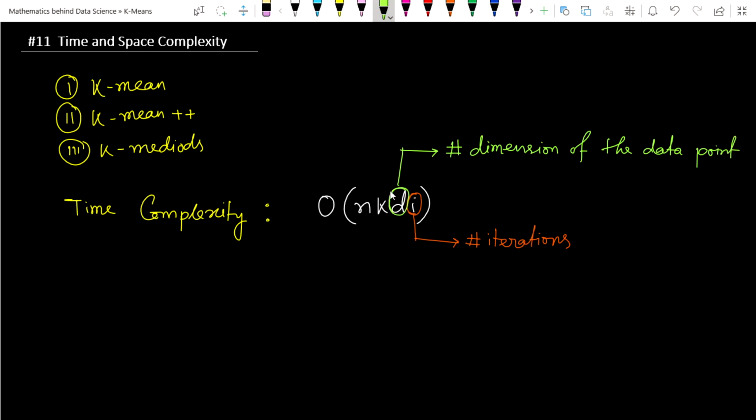Now k: what does k mean? k means the number of clusters that we are interested in. Now what does n mean? Finally, n means the number of data points in our data set.